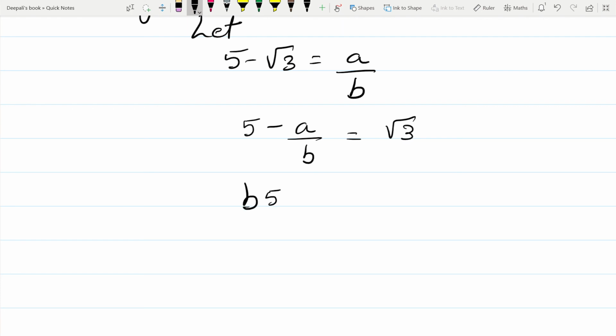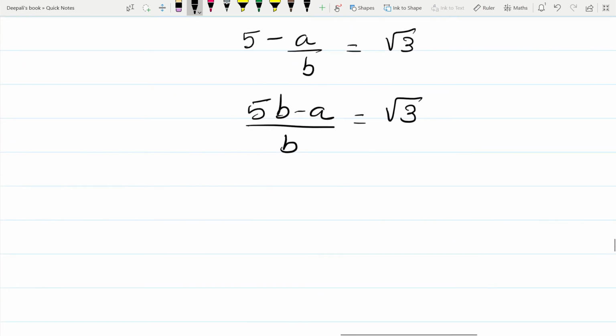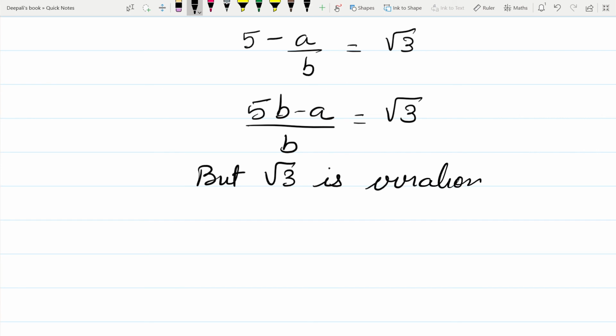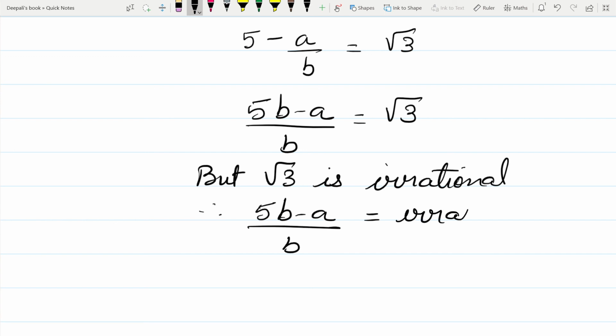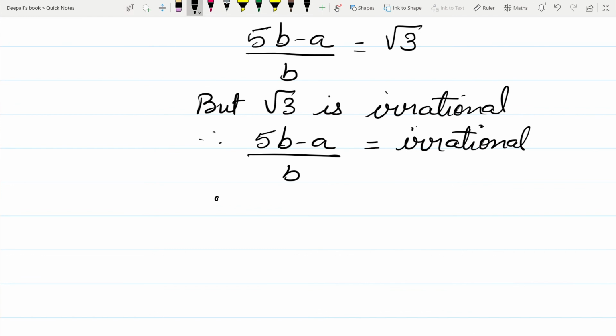So 5b minus a upon b is root 3. But we already proved root 3 is irrational. Therefore, 5b minus a upon b is irrational. Therefore, 5 minus root 3 is irrational.